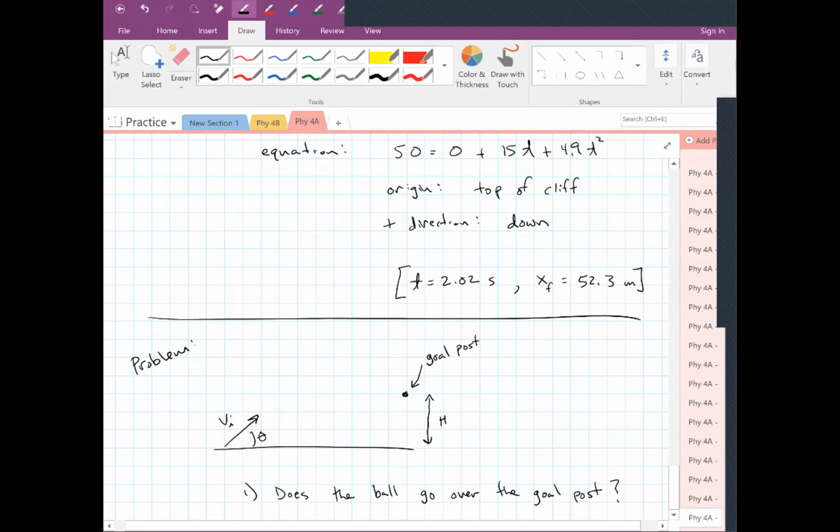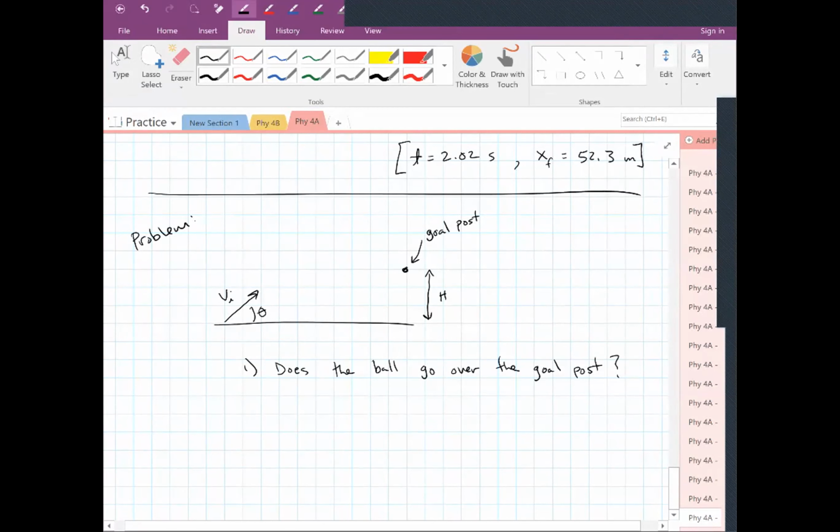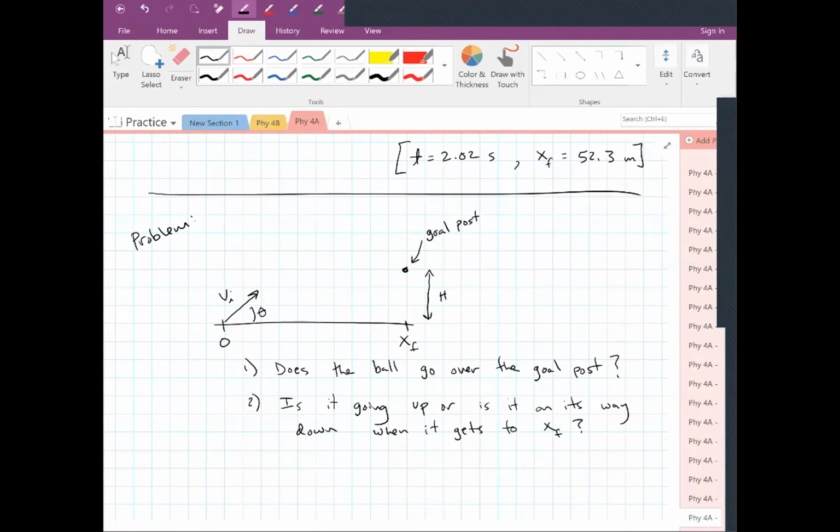Okay. So if we're given, and we also want to know when it gets to the plane of the goalpost, wherever it is there, is it still on its way up, or has it passed its peak and it's coming down?